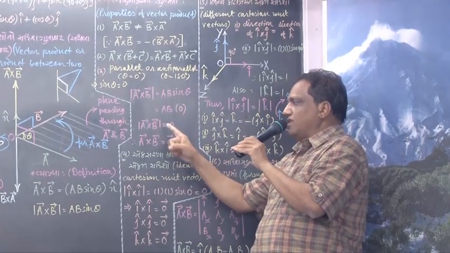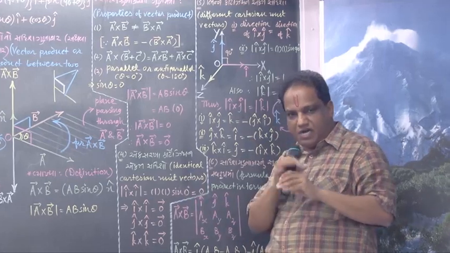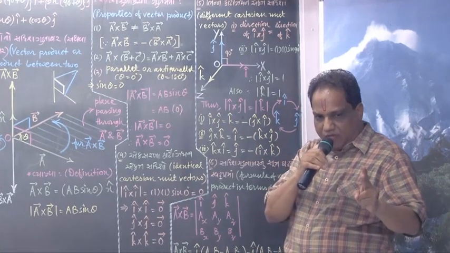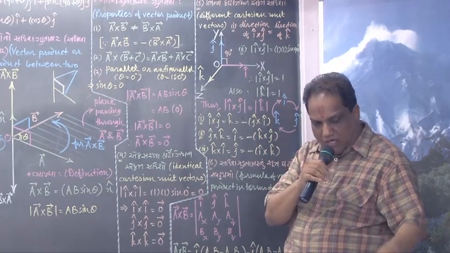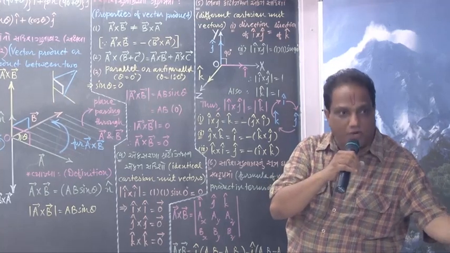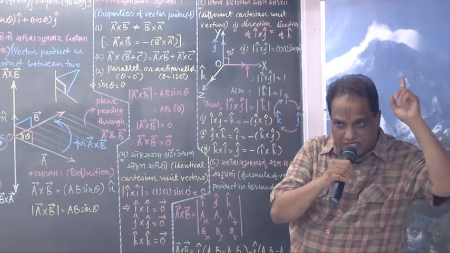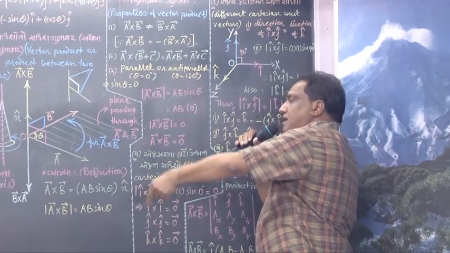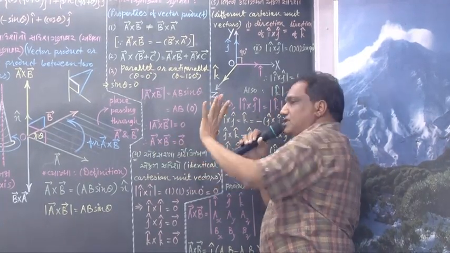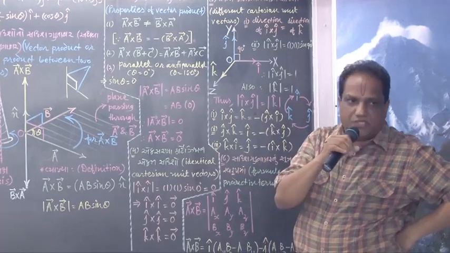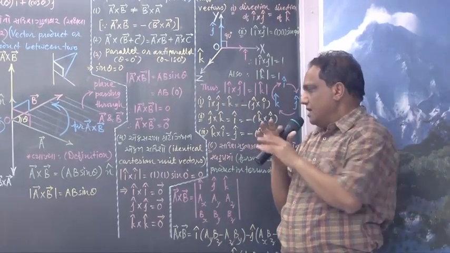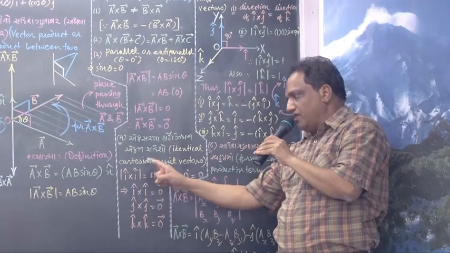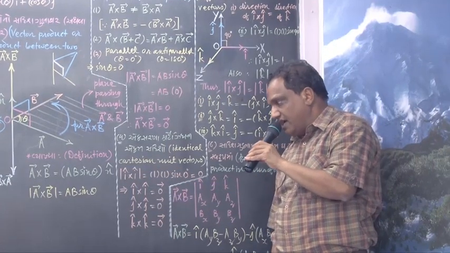So vector A cross vector B is a zero vector. When two vectors are mutually perpendicular, dot product is 0, as we studied last time. And when two vectors are parallel or antiparallel, cross product is 0. Simple.